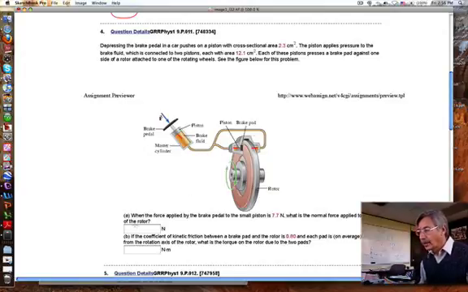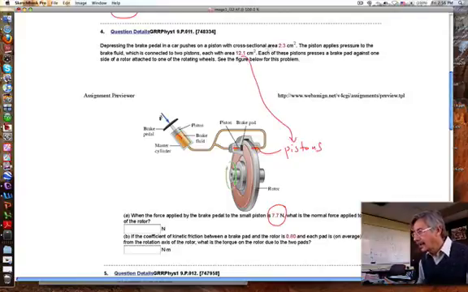So when the force applied by the brake to the small piston is 7.7 newtons, you want to know what is, so these pistons here, this piston here, and this piston here is this. So this piston is smaller.